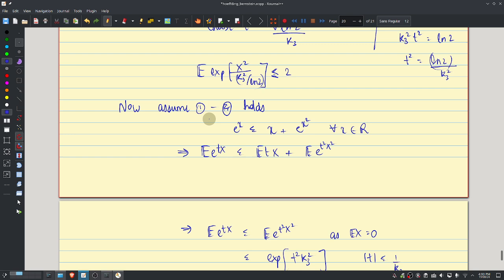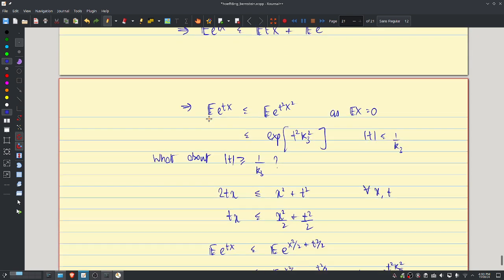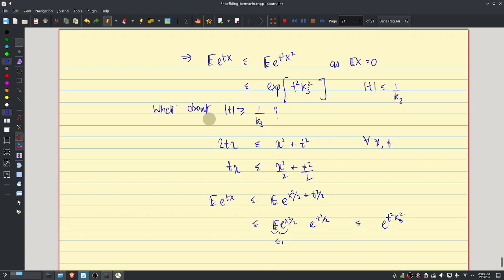For B, what is greater than 1 by 3? Correct. And the less than or equal condition from the previous one, important to be less than or equal to 1, right? Like expectation of e to the power x square. Correct. So expectation of e to the power x square by 2 is at most, sorry, it's as x.